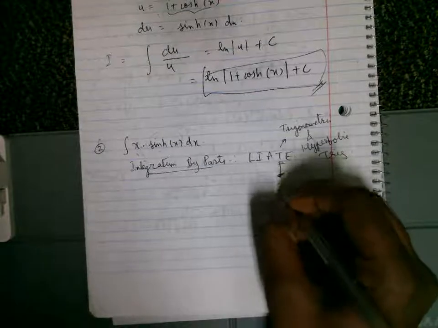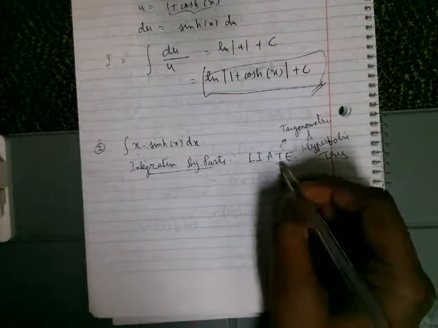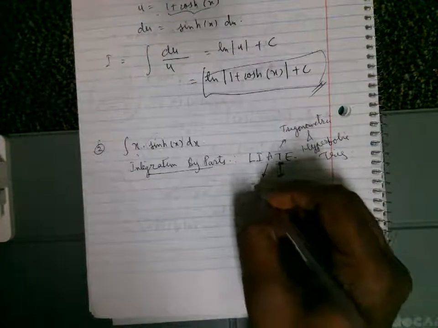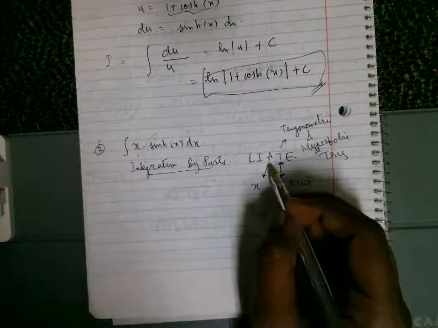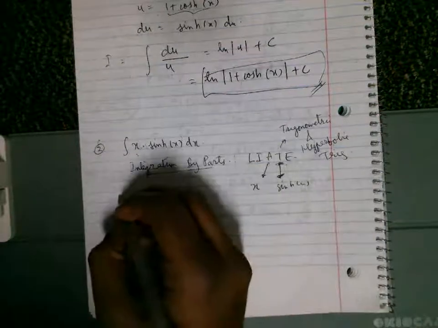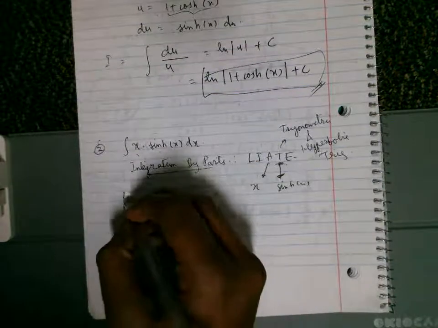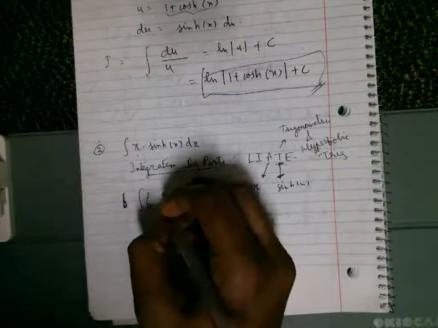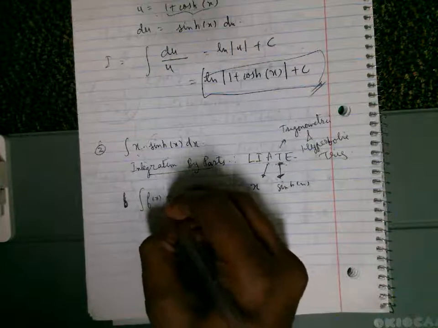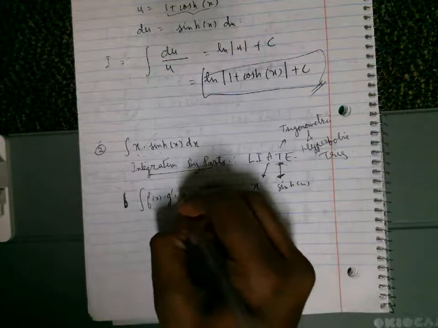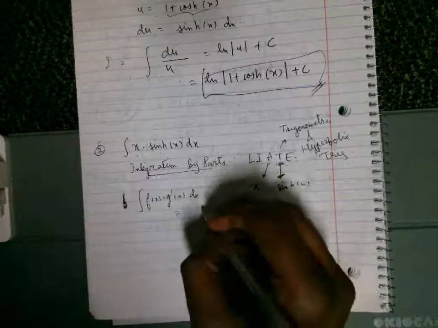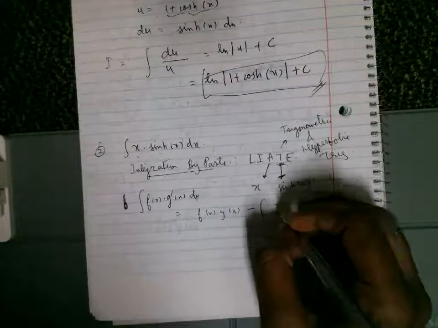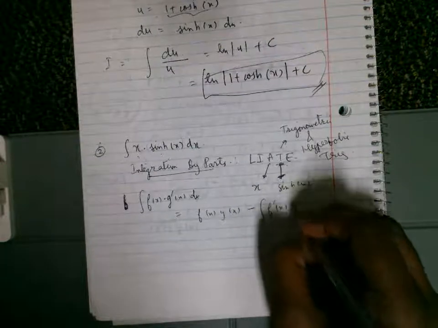So sinh of x is a trigonometric function, and x is an algebraic function. We know that A appears before T. If you remember the integration by parts formula, it says that the integration of f of x times g prime of x dx is equal to f of x g of x minus the integration of f prime of x g of x dx.